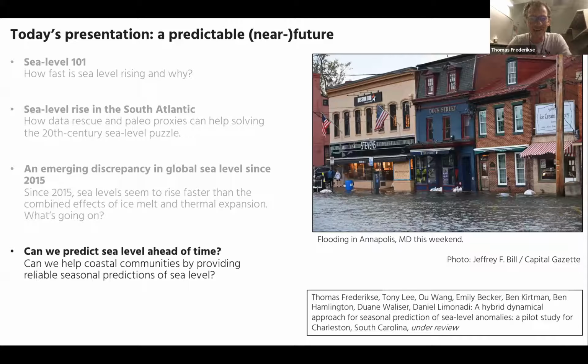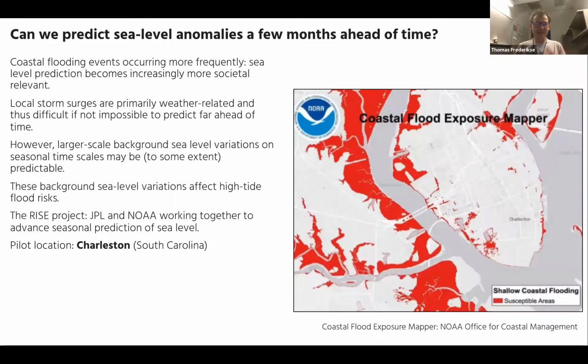Two years ago the NASA Sea Level Change Science Team had its annual meeting in this town, and I think we actually had dinner in this blue building here. To see that building now flooded is a bit sad. But we might be able to help these flooding communities by at least giving some accurate predictions of these floods ahead of time. That is something we're going to have a look at.